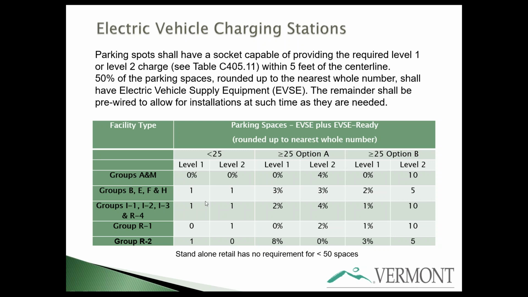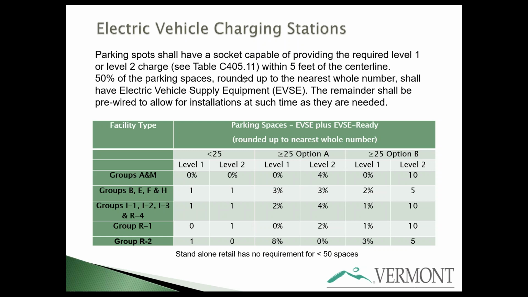I should point out all these numbers include ones that actually have the charging station and ones that are, shall we say, EV ready, electric vehicle ready. So basically you take this number and you cut it in half.